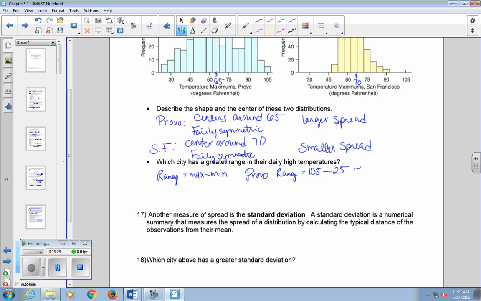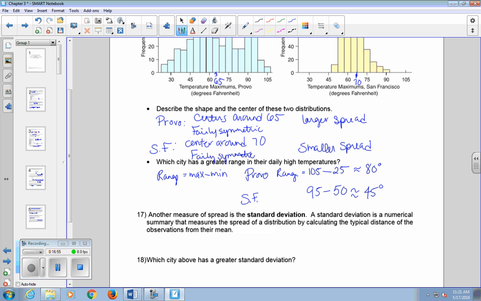So their range is about 80 degrees. San Francisco, max is 95-ish, around there, and min might be 50. So their range is about 45.